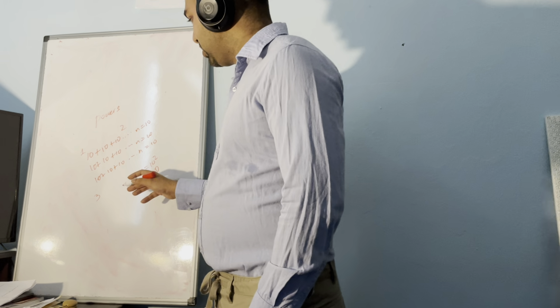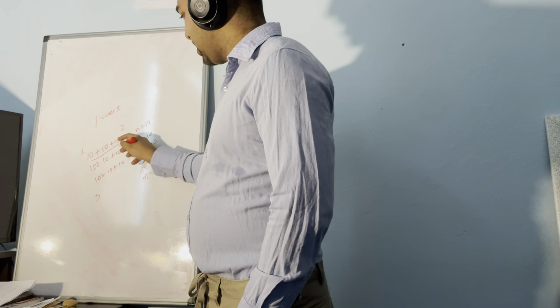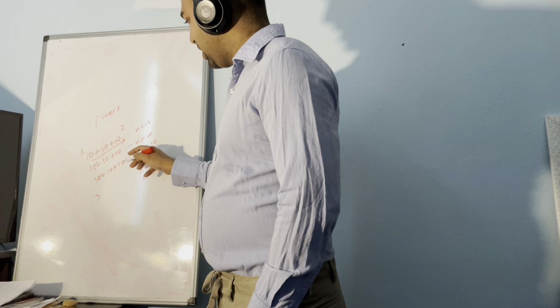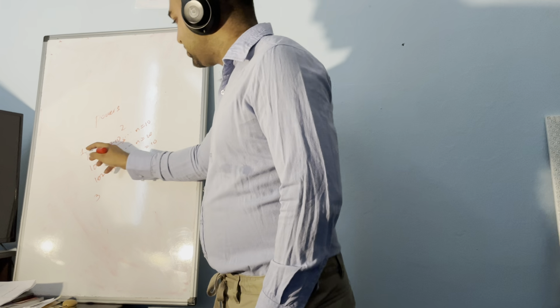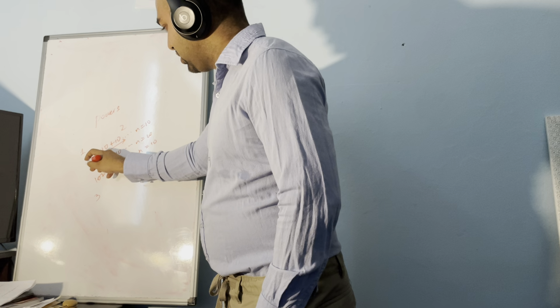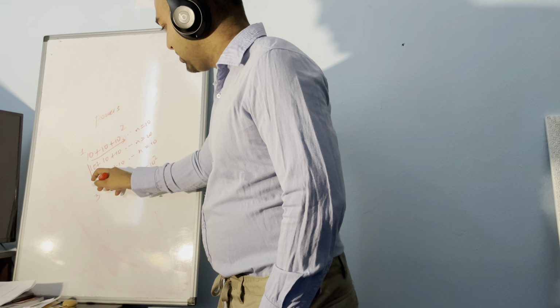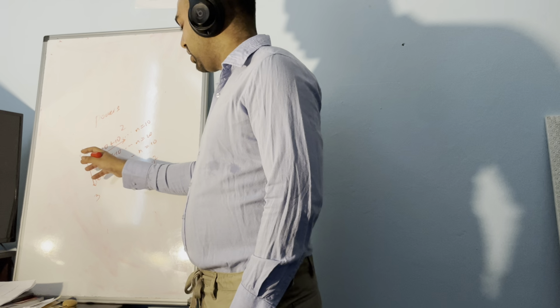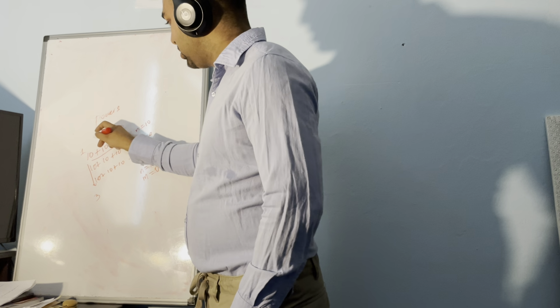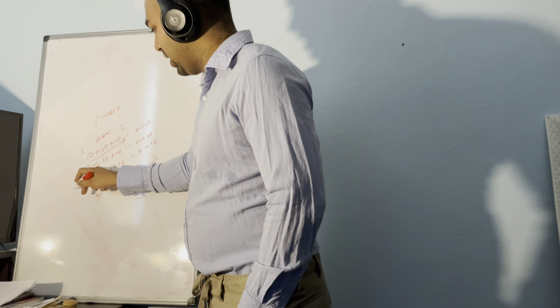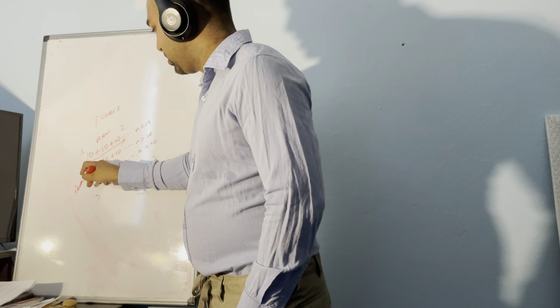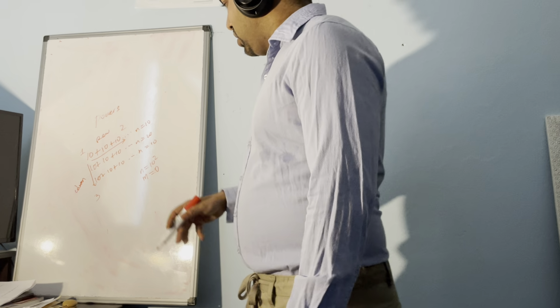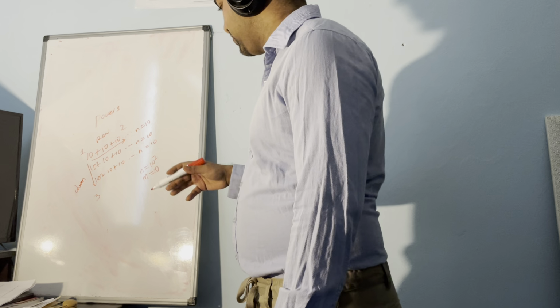So for cube, 10 cube, we have 10 plus 10 plus 10, 10 times, and then the sum of 10 times 10 times, going down in a row and in a column.